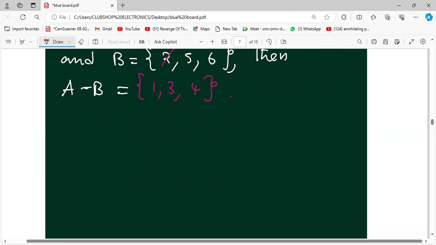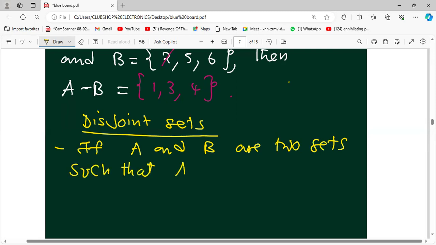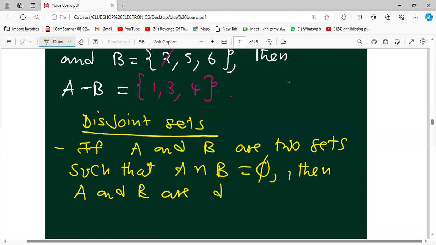Then we have disjoint sets. If A and B are two sets such that A intersection B is phi, where phi means an empty set, then A and B are disjoint sets.